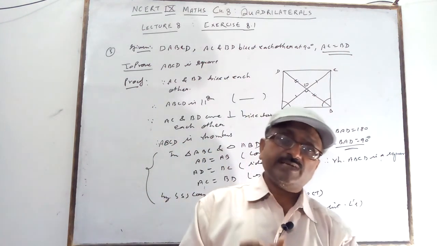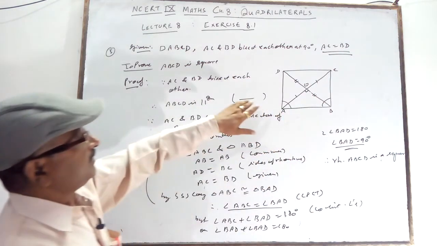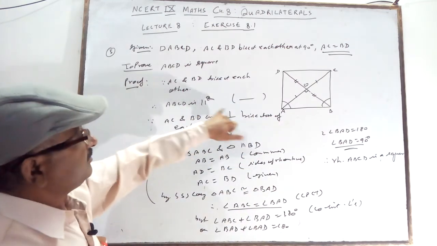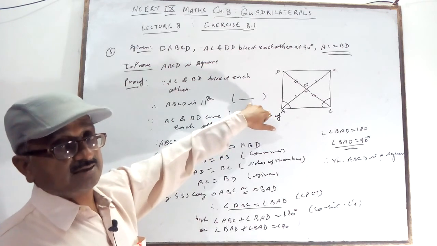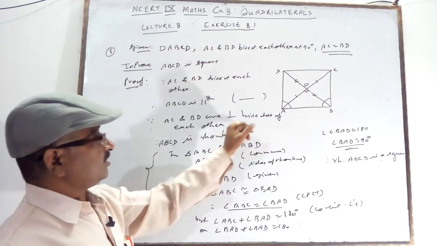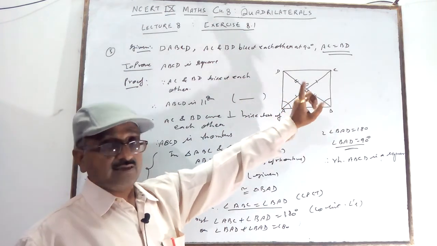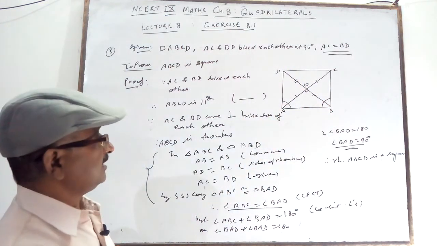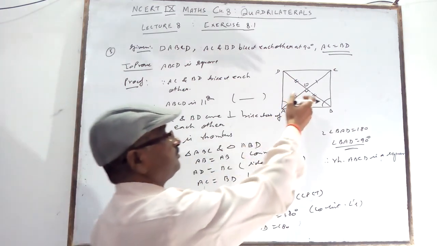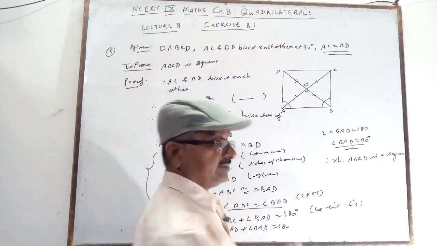So something you apply by property. Write the property properly here and also here. Why is it a parallelogram? If the diagonals bisect each other in a quadrilateral, then it is a parallelogram. Why is it a rhombus when perpendicular? Because if the diagonals of a parallelogram are perpendicular bisectors, then it will be a rhombus. And after the rhombus you can prove one angle 90 degree, then it will be a square.